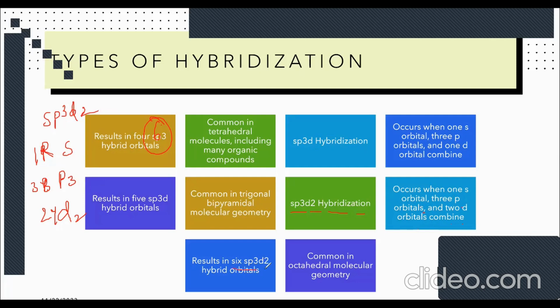Results in a total of 6 sp3d2 orbitals. If you observe the shape of that, it will be octahedral. We are getting an octahedral molecule.